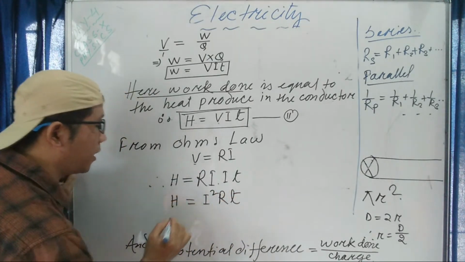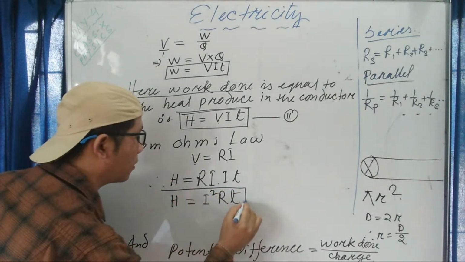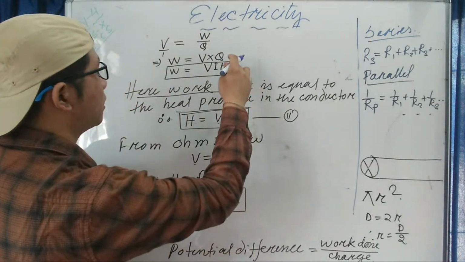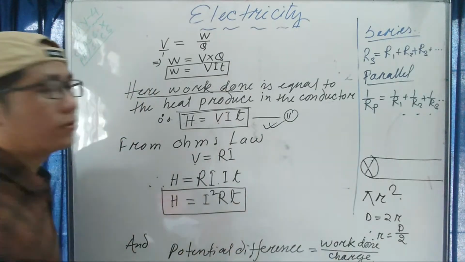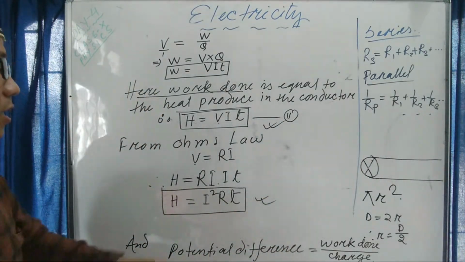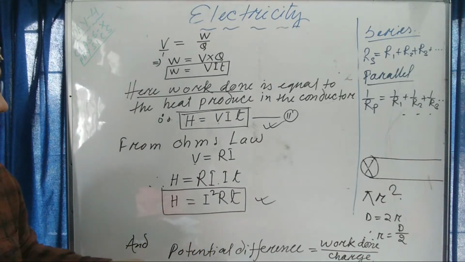That means the heat produced is also equal to I square RT. This is the second equation of the heat produced, and again another one is going to come.